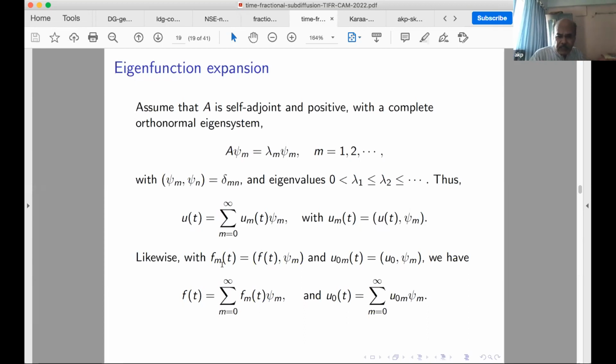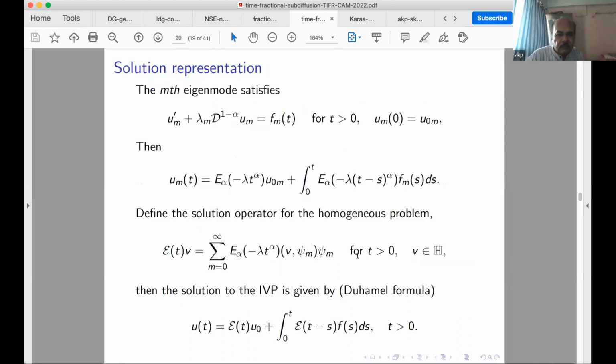And if F is known, so that this representation is known, u_0 is known, this representation is known, I am going to plug it in the main equation.